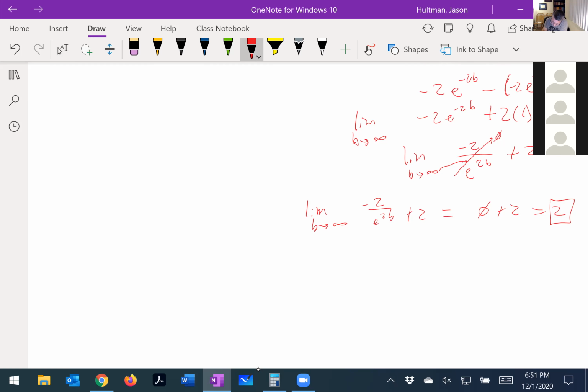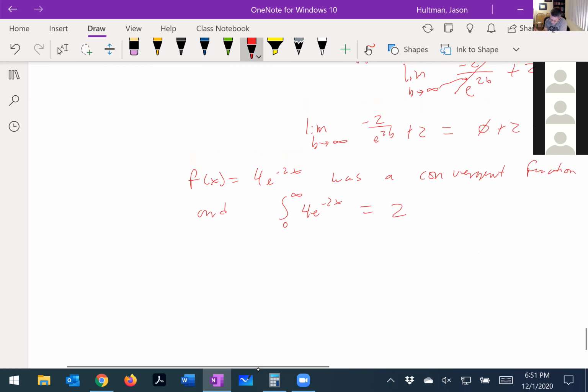Okay, that tells me the original function, f of x equals 4e to the negative 2x, was a convergent function, and the integral from 0 to infinity of 4e to the negative 2x is equal to 2. Okay, so really, what is this telling me?